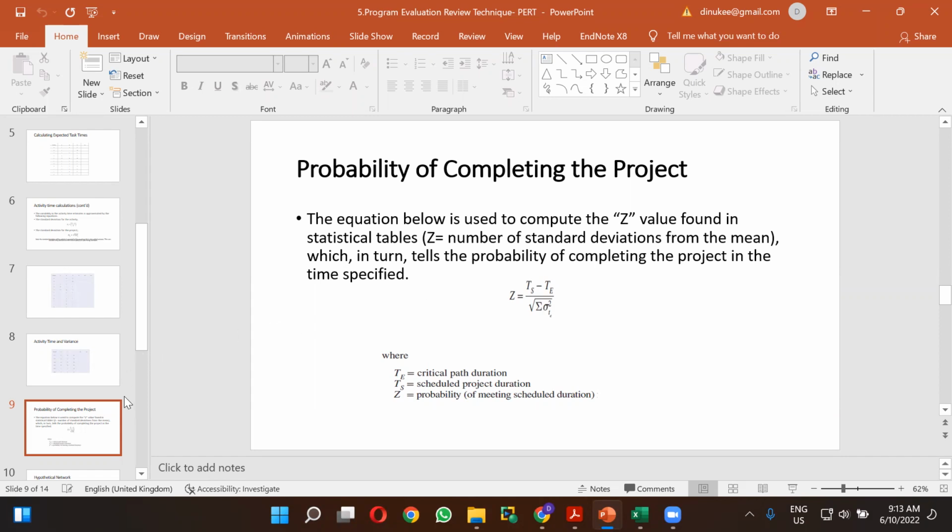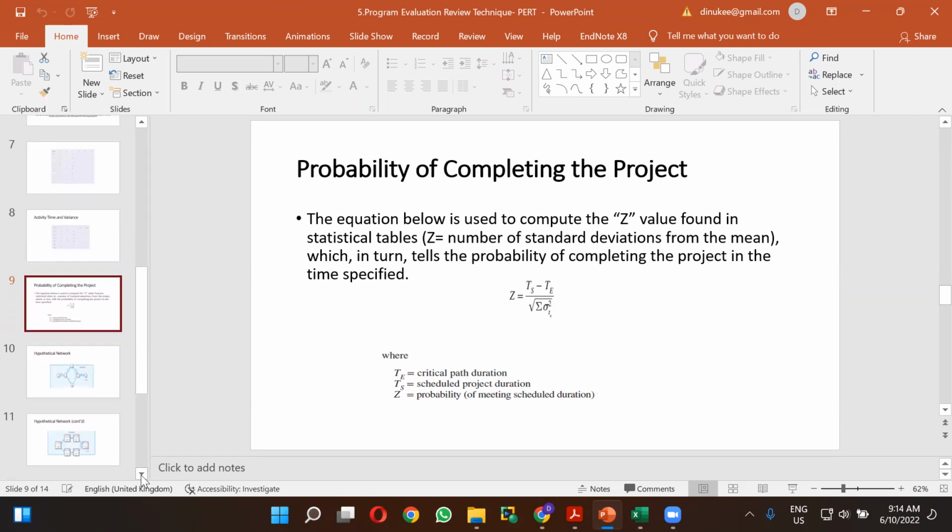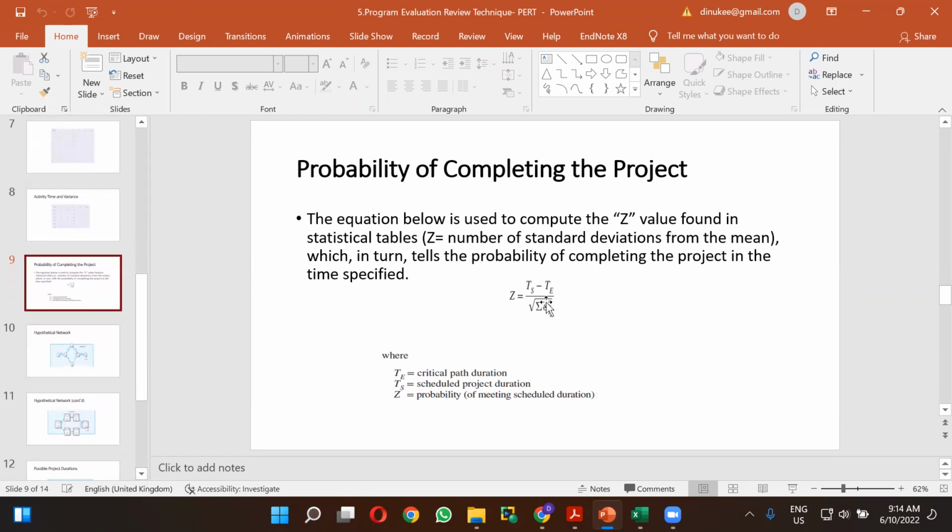Did you get that? Please remember that I am not going to give these equations in the exam paper, so you have to remember each of them. Did you understand the meaning of this equation?